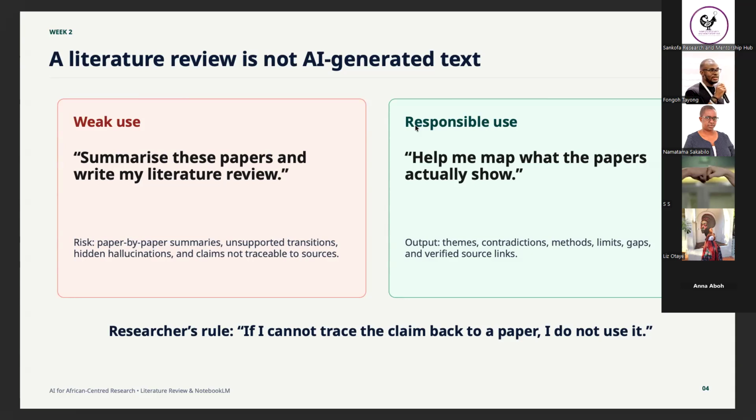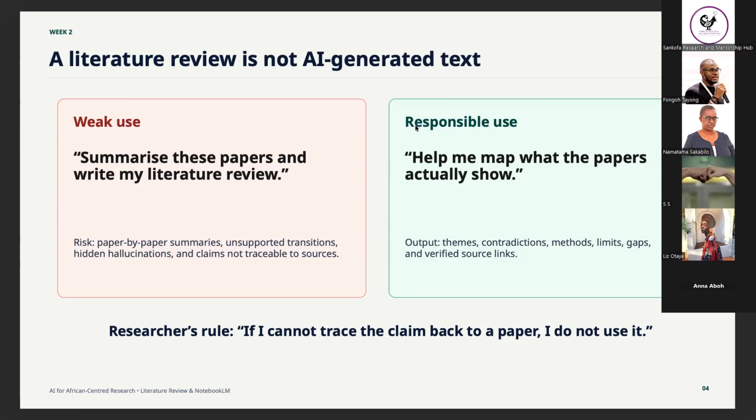But if you look at responsible use, on the right side, what can AI do for you? It helps you map what the papers actually show. It's like giving you a mind map, a high-level overview of how this paper talks about this, that relates to this, that relates to this. Then it gives you an output of the themes, contradictions, methods, limits, gaps, and verified source links. One mistake researchers often make is picking a link that AI generates and not verifying it, thinking AI is right.